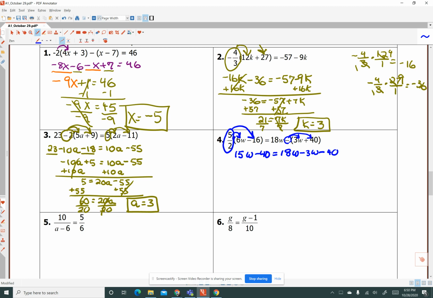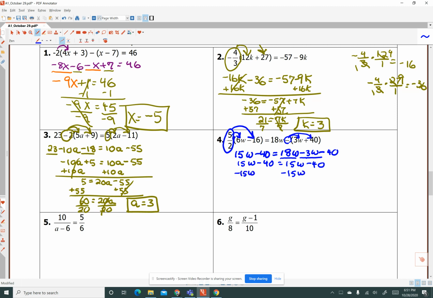Now we can combine like terms on the right, 18w minus 3w. So let's just copy the left side, 15w minus 40. 18 minus 3 is 15w minus 40, and I hope you see what's actually happening here.